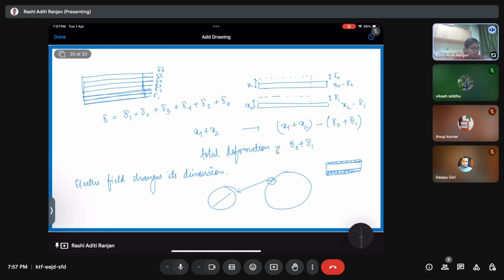So when we apply positive and negative charge, these two charges tend to compress the material, and so it results in some behavior like this. You can see that there is a reduction in the thickness and an increase in the length, right? So in this case, the behavior is not linear.